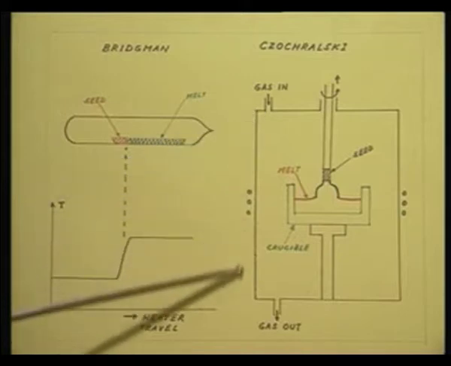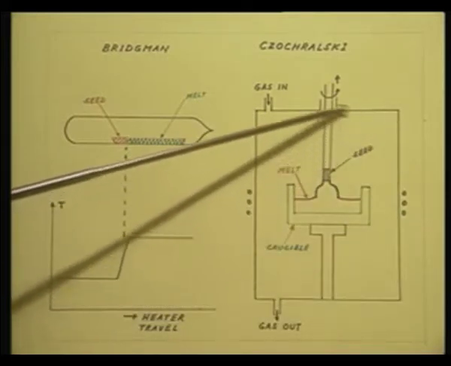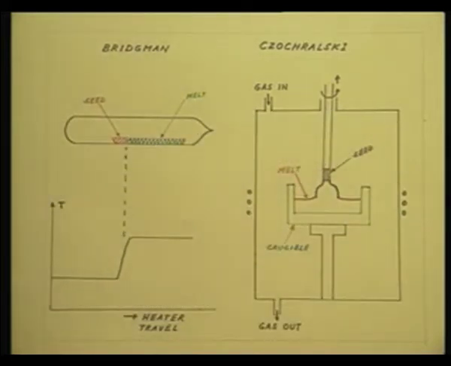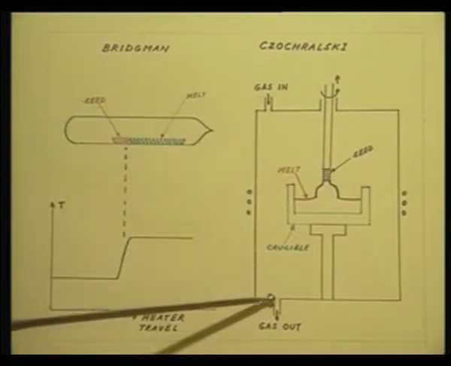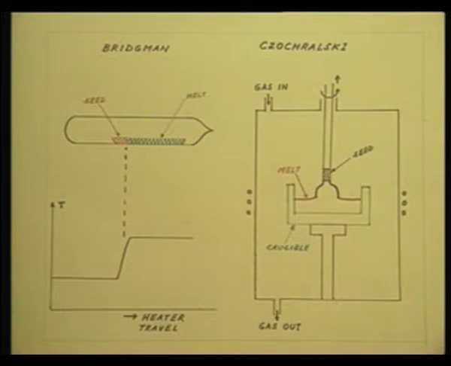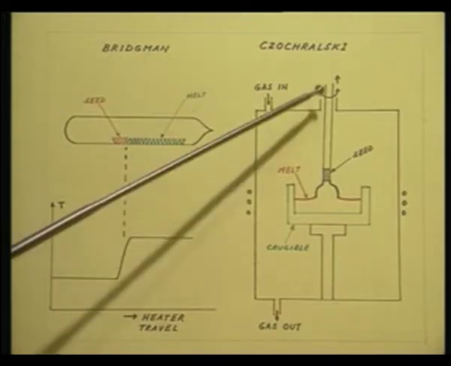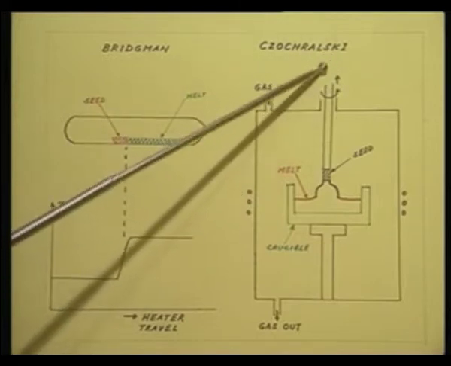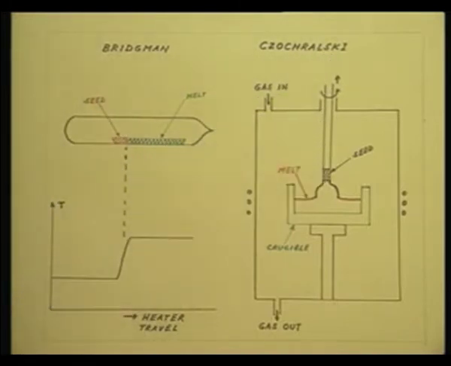Now, let us take a look at the Czochralski crystal growth system. What I have here is a quartz envelope, big quartz chamber with gas inlets, gas outlets, maybe even some pumps which I have not shown in the figure, some pumps in order to maintain the requisite pressure in it, and you have another opening through which a pull rod is passed.